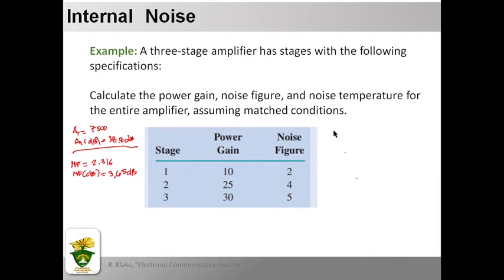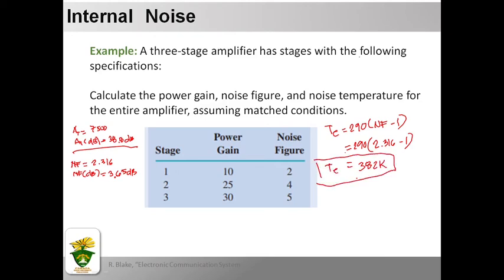Noise temperature is equal to 290 times the noise figure minus 1. So 290 times our noise figure, which is 2.316, substituting the value, 2.316 minus 1. Therefore, our equivalent temperature is 382 Kelvin. That is the equivalent noise temperature of the amplifier having 3 stages.